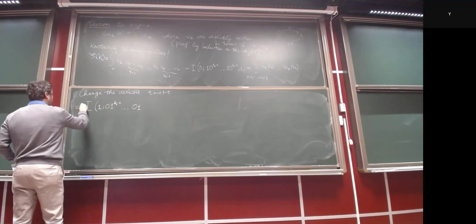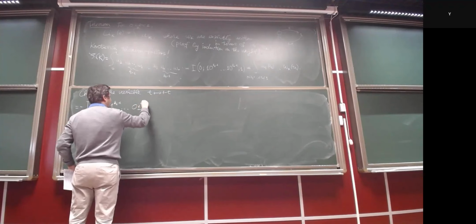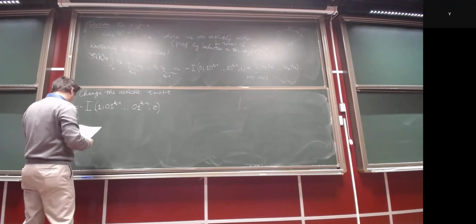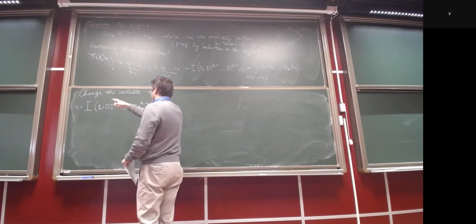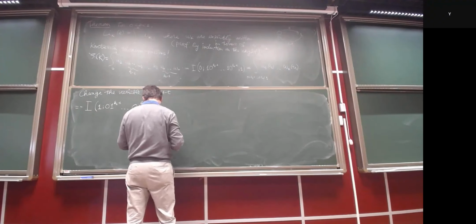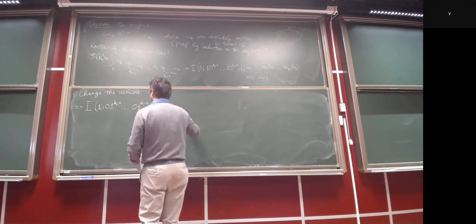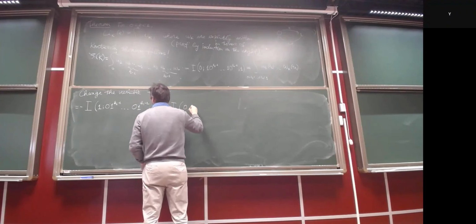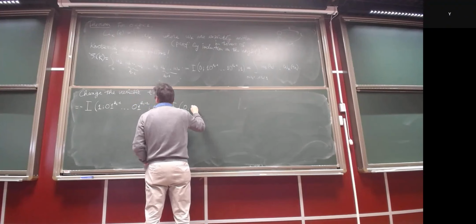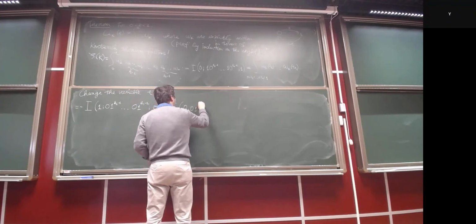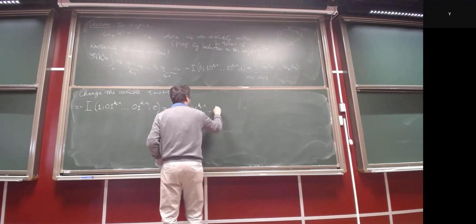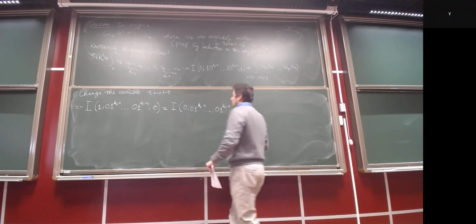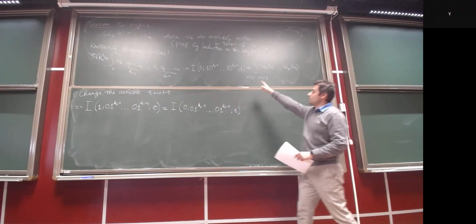Now I have here a minus, right? But now we can reverse the path of integration, and this would be nothing else than just I of 0, 0, 1, k1 plus 1, kr minus 1, 1. So as you can see, we started with this integral, we ended up with this.